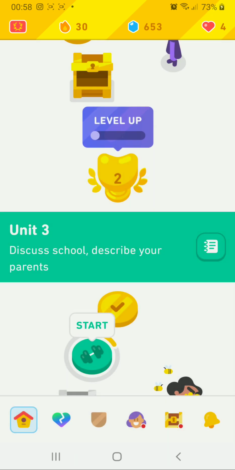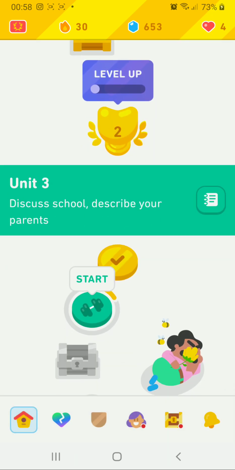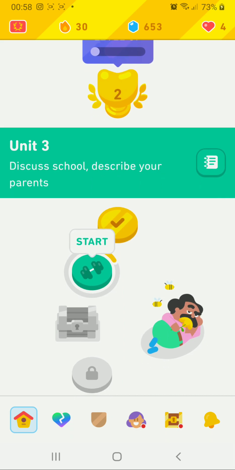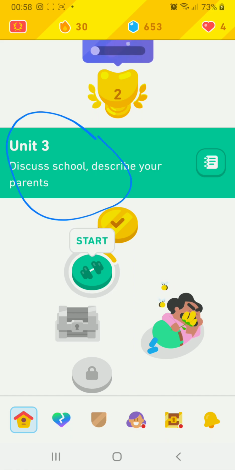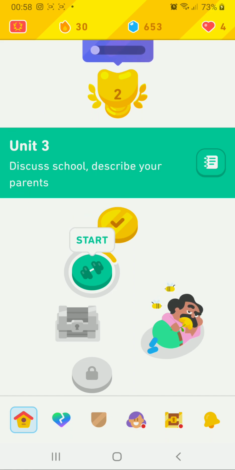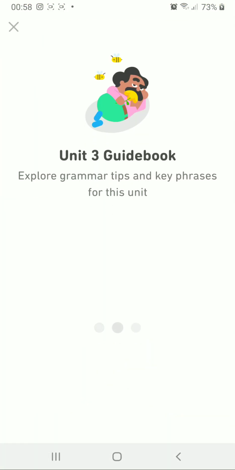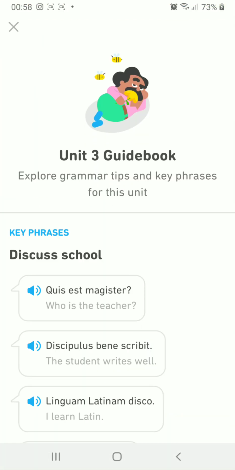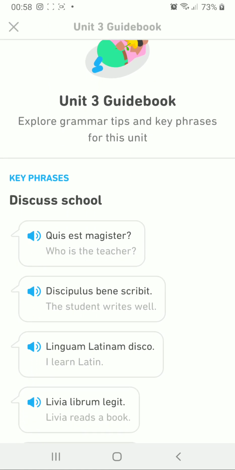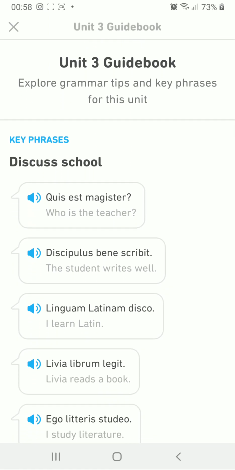What we should do now is try to study a little bit of new things. We see the practice was not so difficult. We're at Unit 3, and we're discussing school, describing your parents. So let's review quickly the guidebook and explore grammar tips and key phrases for this unit.